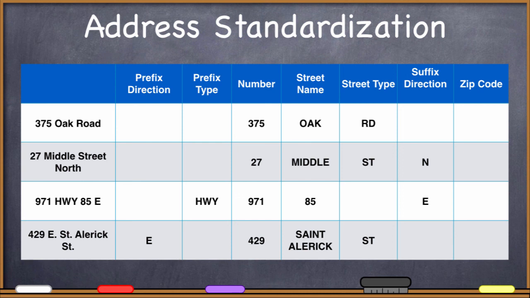So we're going to convert every letter into an uppercase letter, and that way we don't end up with confusion about whether a capital H then lowercase WY is the same thing as a highway, and it's the same thing if it were all capital letters, or any kind of capitalization within a street's name.